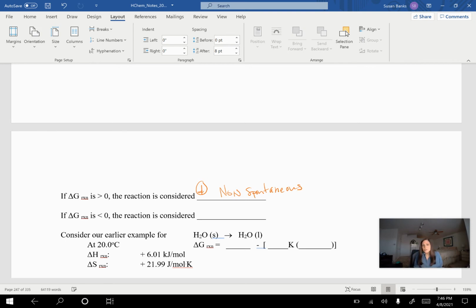So positive delta G, not spontaneous. If our delta G of the reaction is less than 0, meaning we have a negative number, that reaction will be spontaneous.